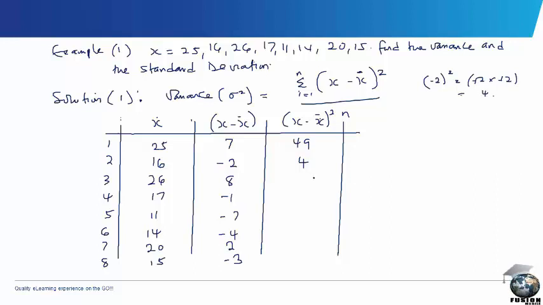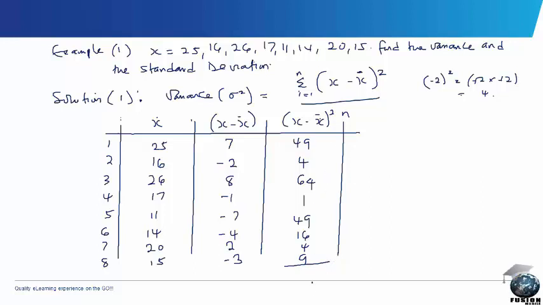If you square the number 8, we have 64. If you square the number 1, we have 1. If you square 7, you have 49. If you square 4, you have 16. If you square 2, you have 4. Square 3, you have 9. So these are the values we are looking for.